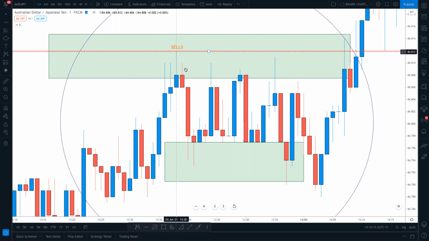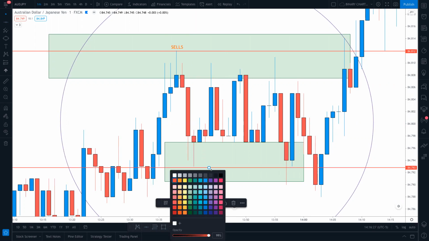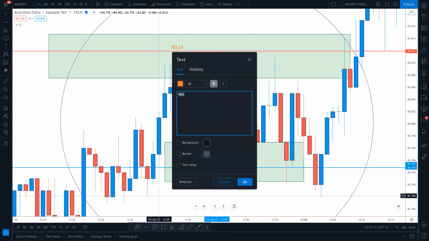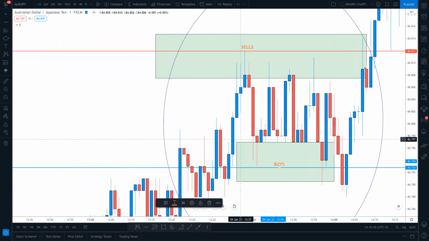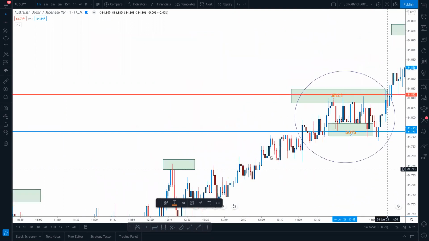We know it needs to draw back down. When price gets to the bottom of our zone, we are going to be looking for buys. Right? That's a simple breakdown of how to trade inside of the zones.